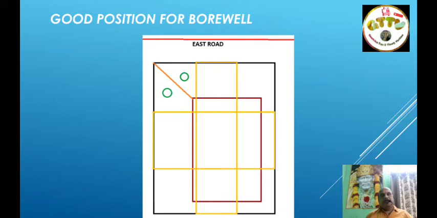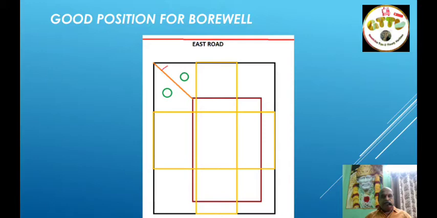Why? Because Vastu Purusha will be in the place from northeast to southwest direction, head towards northeast and legs towards southwest. So if you exactly place a borewell, let's say the borewell is kept over here, let's say. I will show you an example why.